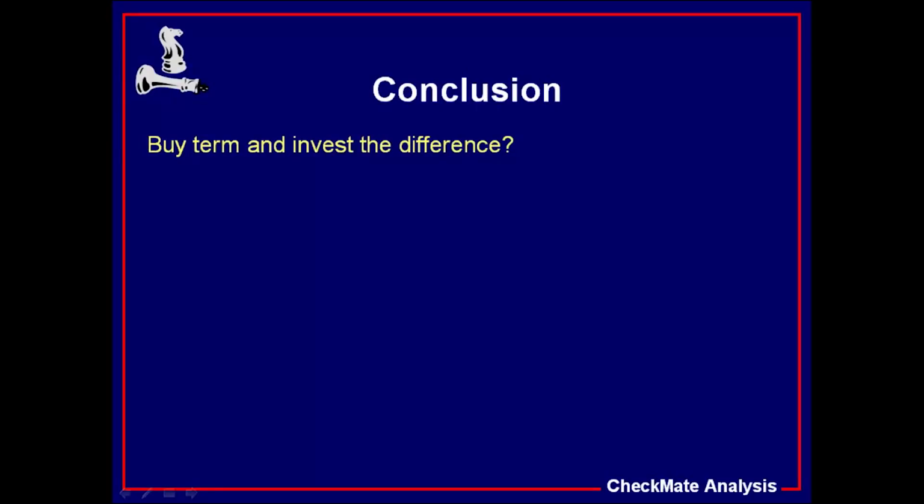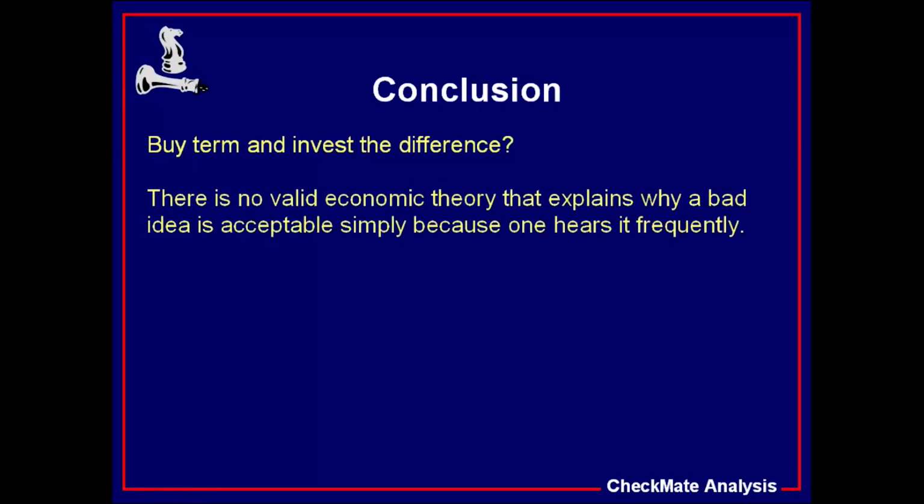Buy term and invest the difference? I don't think so. There is no valid economic theory that explains why a bad idea is acceptable simply because one hears it frequently. And we certainly do hear it frequently, particularly from the financial press that has never taken the time to do this kind of comparative analysis. They deal in the logic of why would you pay $20,000 for something you can get for $800, and until you get inside the numbers, it's hard sometimes to determine why you'd want to do that.